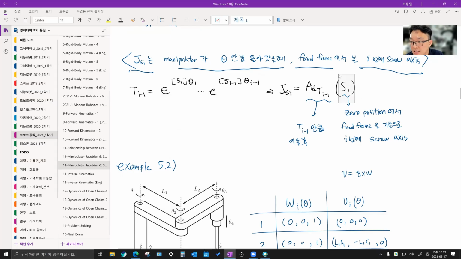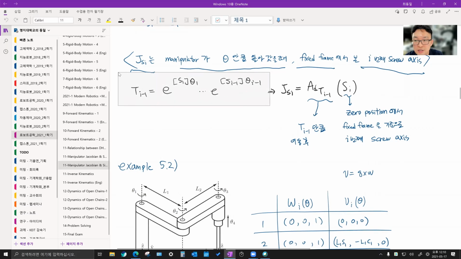Actually, SI equal to the I's screw axis based on the fixed frame in a zero position. So this means zero position screw axis based on the fixed frame. And this one is transformed using this T matrix. So that becomes JSI, the Jacobian column of I's Jacobian column.